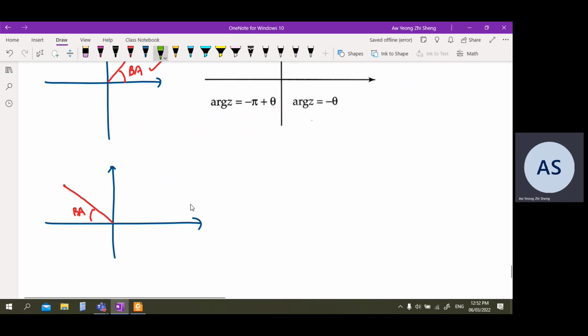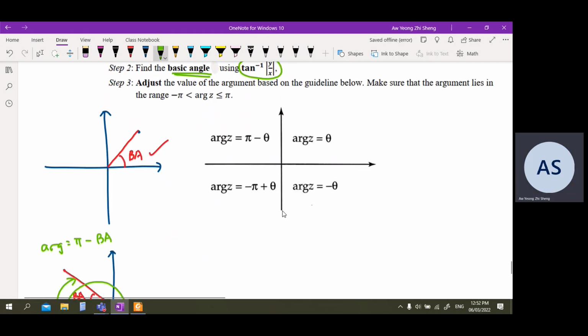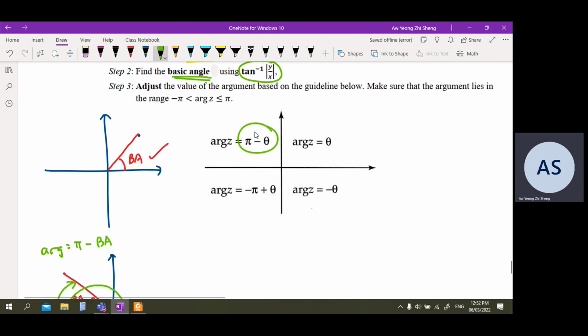To obtain the argument, you always start measuring from the positive x direction. You can go all the way until pi, but you have to reverse by the basic angle. So the argument here will be pi minus the basic angle. That's the guideline given.